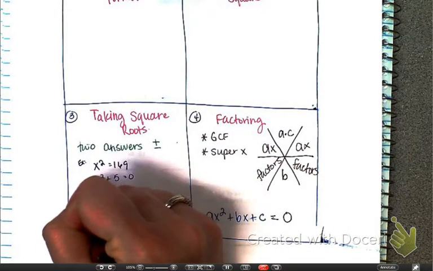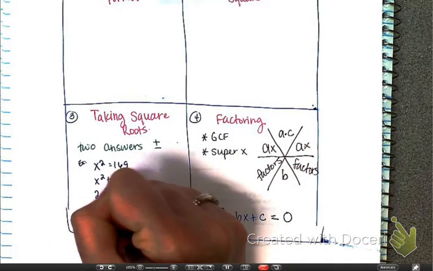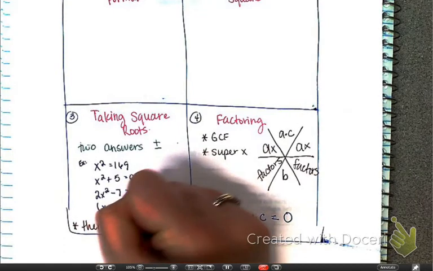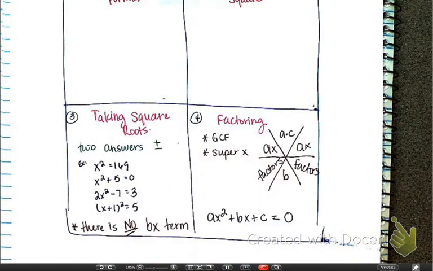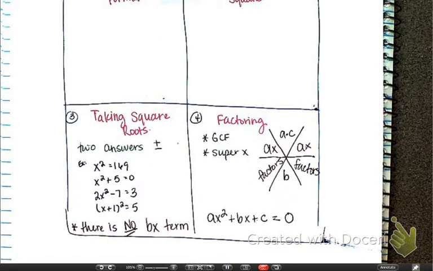Super important. So if you look at every single one of the equations, there's an x squared term, there's a constant, but you have no BX term. If you don't have the B term, you're going to use taking square roots.